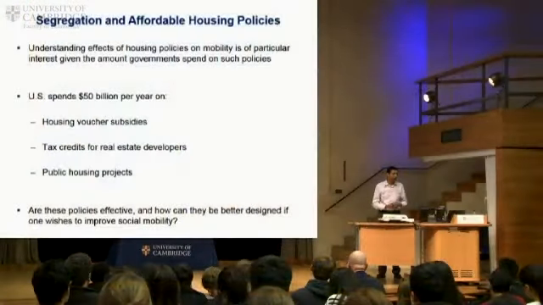So in the US, for instance, we spend $50 billion a year on various types of affordable housing initiatives. So we spend about $20 or $25 billion on housing voucher subsidies, which are what I was just describing. If you're a low-income family, you basically can get support from the government to defray part of your rental costs.